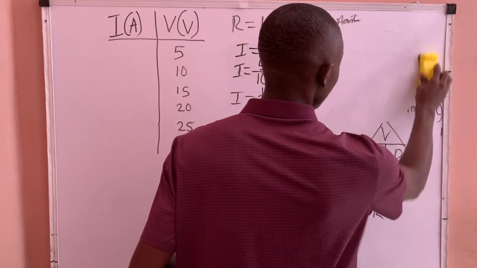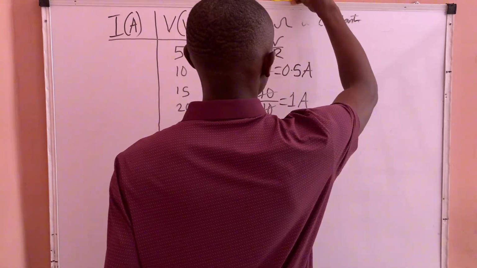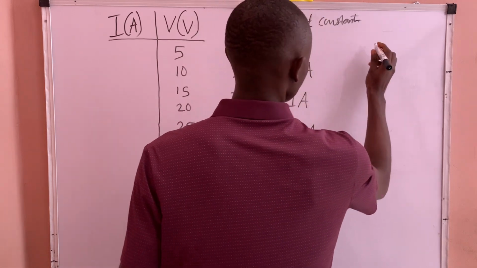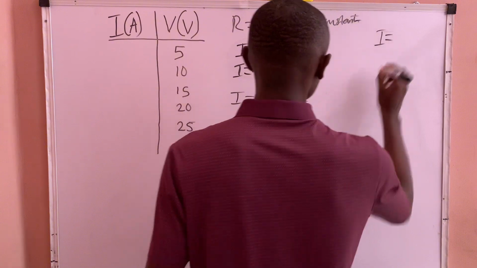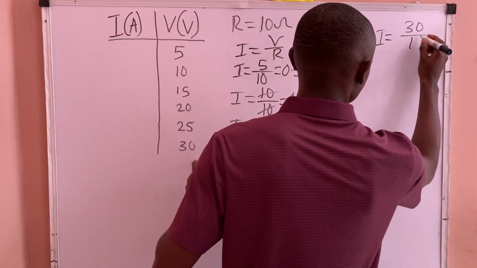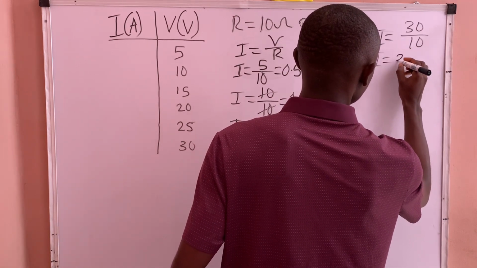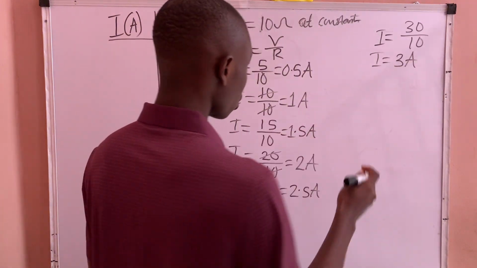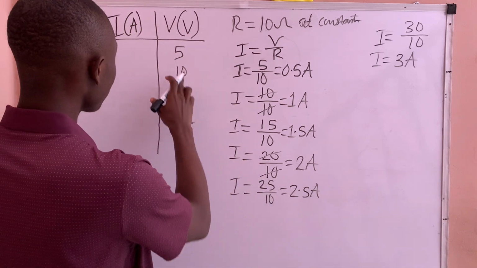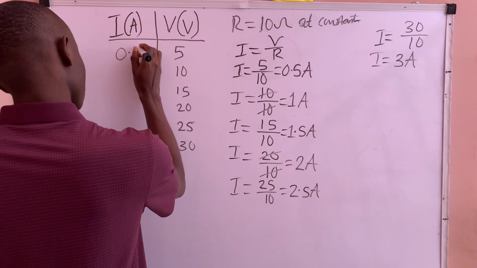For 30, let me clean here. There was a constant. For 30, I will equal 30 divided by what? 10, so the current that will flow will be what? 3 amps. So let us input the value of current onto this table. The first one, when we increase voltage by 5, the current was 0.5 amps.